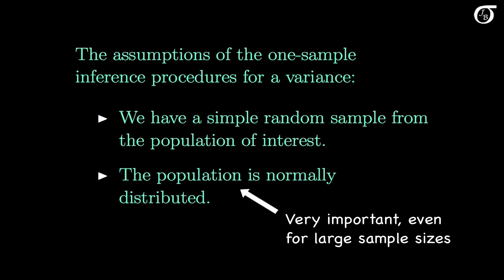But inference procedures for the variance are heavily reliant on the normality assumption. They can work very poorly when the normality assumption is violated, and large sample sizes do not save us from this problem. They work so poorly for violations of the normality assumption that we should be very wary of using these procedures at all.